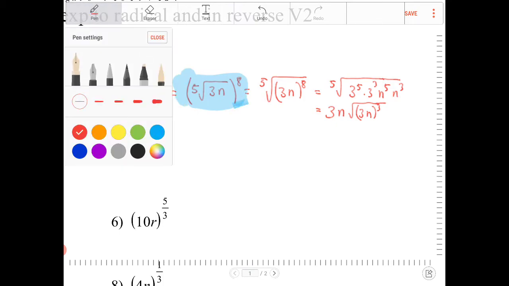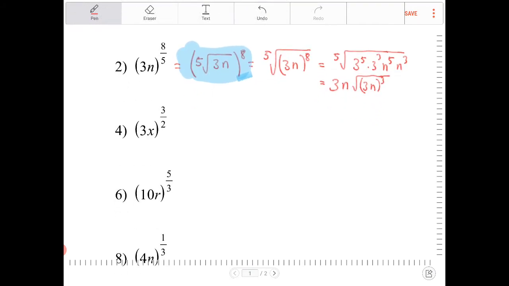All right, so let's take a look at the next one. This is equivalent to, now this is 3 halves, so I will be taking the square root of 3x to the 3rd. And just like before, this is equivalent to 3x quantity squared times 3x. So if I take the square root of 3x squared, that's just 3x times the square root of 3x.